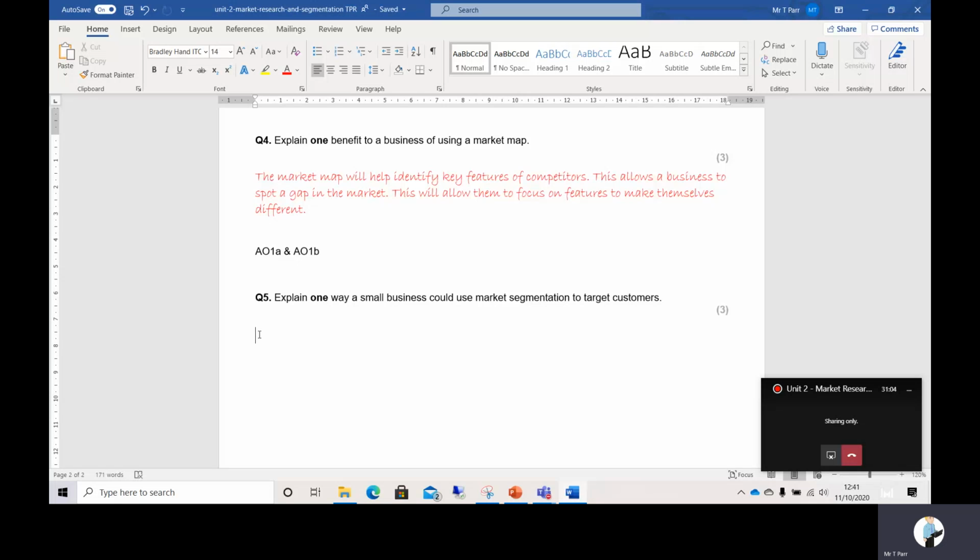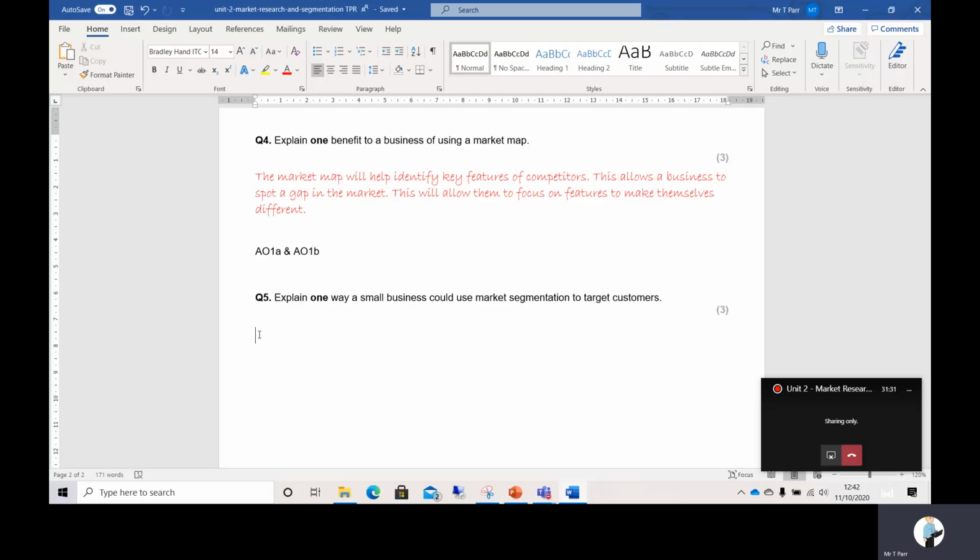For example, if you are a shop owner, let's say you open a fashion shop in the Bullring. It could be females between 16 and 30 who live in this local area.